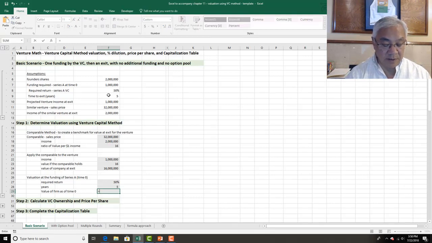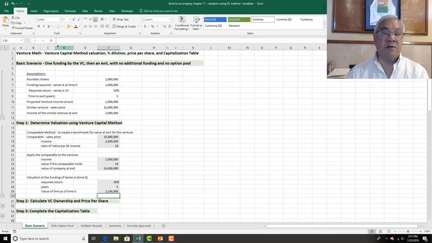So we go equals PV, open parens, the rate of return is 50%, comma, the number of periods is 5, comma, the payments are 0, there's no cash flow until the end, comma, the future value is 16. When we do that calculation, we see that the company is worth $2.1 million today.